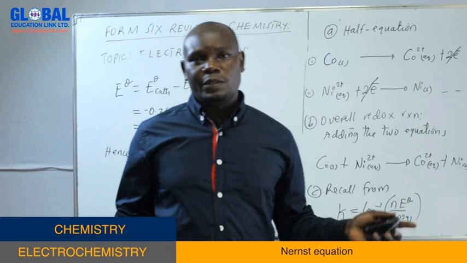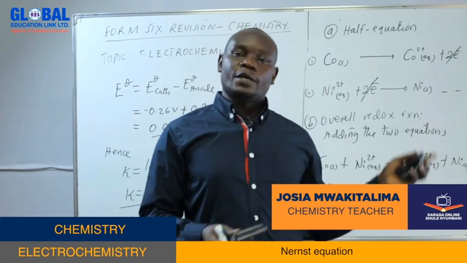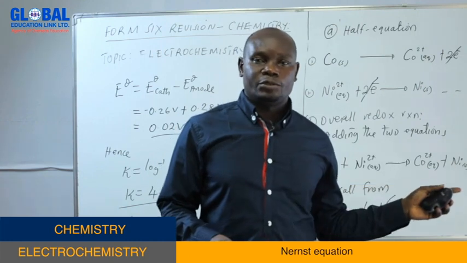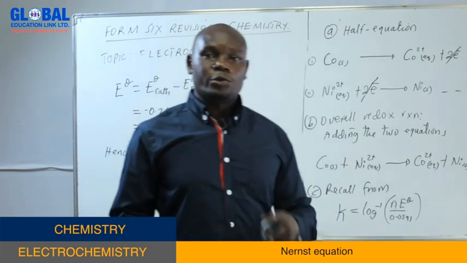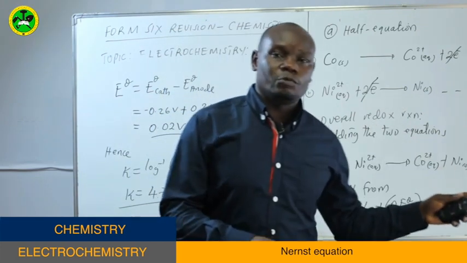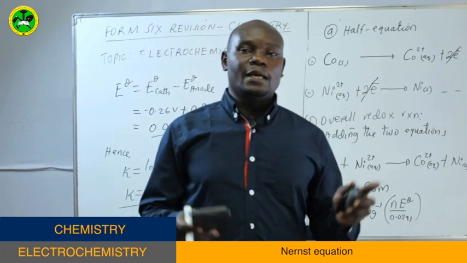If you don't have the pH meter, how will you find it? You can also use the standard electrode potential. You will also see how you can use the standard electrode potential to predict whether a given reaction will take place or not.